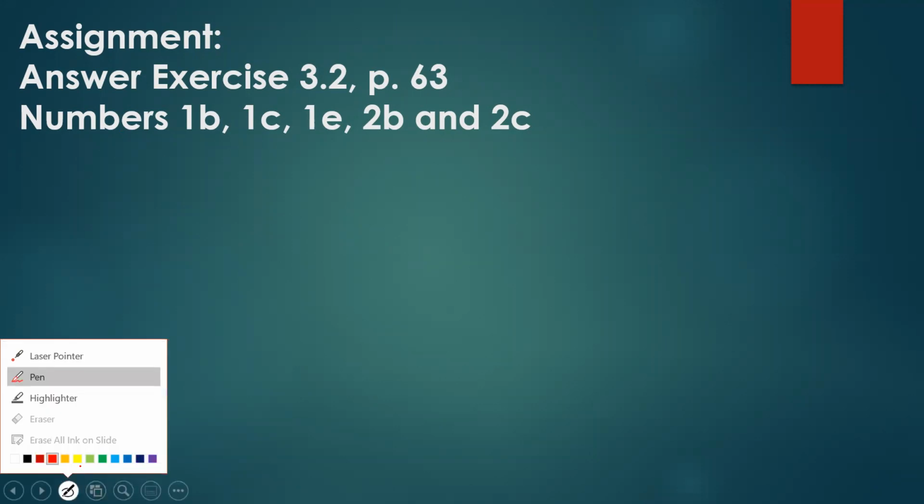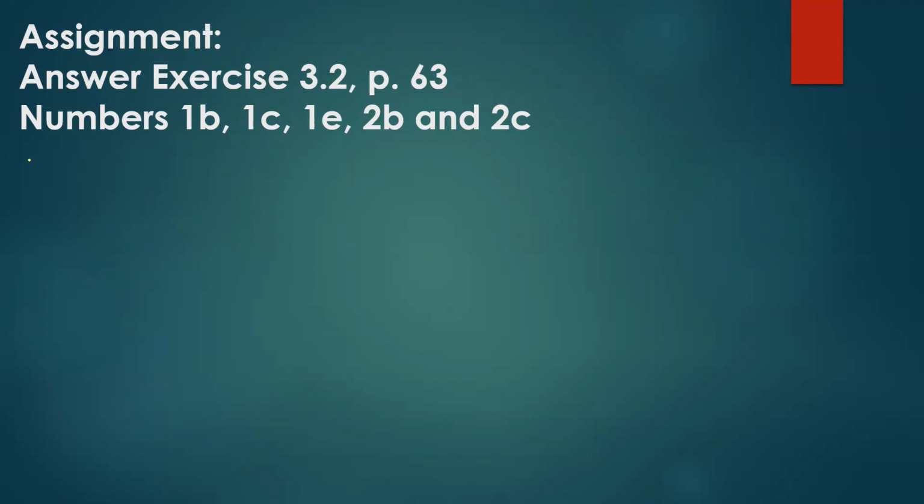Okay, so let's discuss first 1B. So you will solve graphically the modulus of 2x plus 6 less than 5. Okay, so to do this, first we need to graph y is equal to 5.